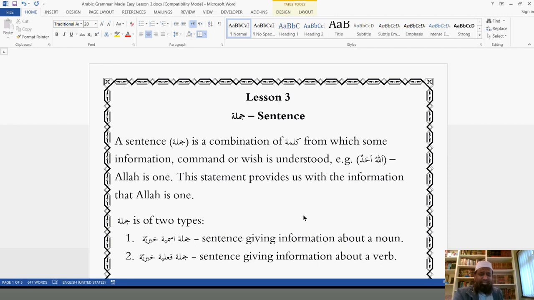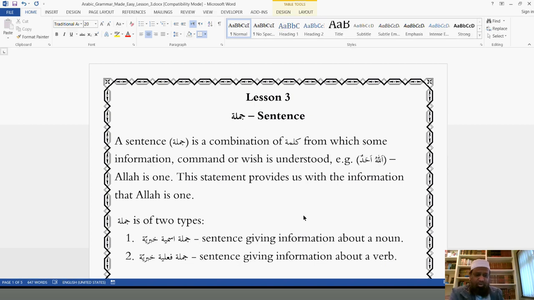Number one, جملة اسمية خبرية. خبرية means information. What does that mean? It means a sentence giving information about a noun. You need to understand this clearly. جملة اسمية, a sentence giving information about a noun.